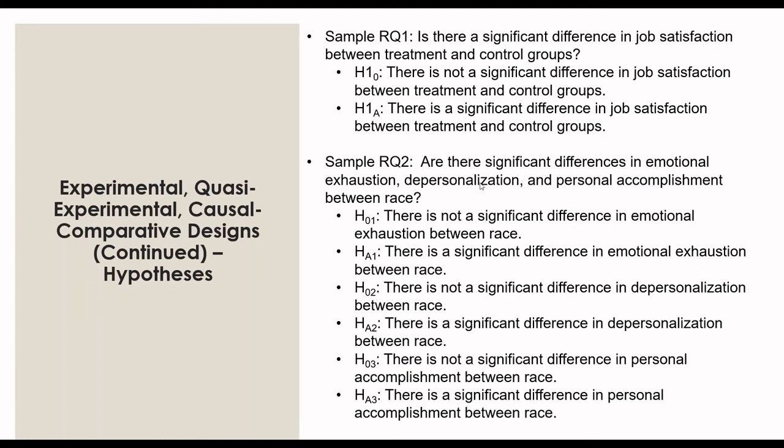You need to examine each variable on its own. So typically, I would have a separate hypothesis for each of those dependent variables. So we have 3 sets of null and alternative hypotheses. Again, just saying there is not for your null and there is for your alternative.